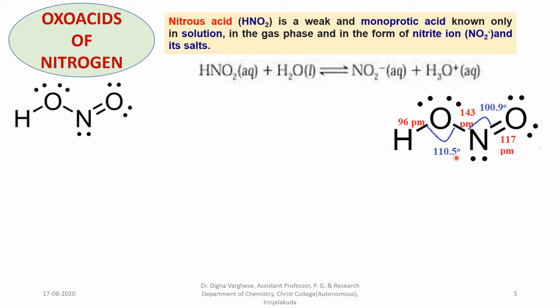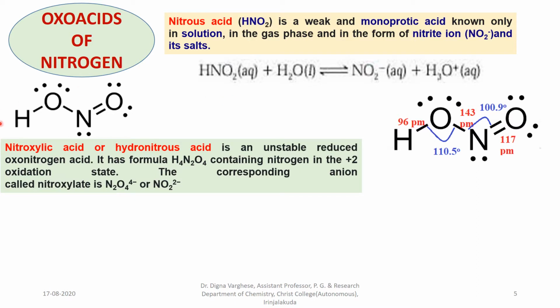So nitrous acid gives a series of nitrite salts, and it is unstable and disproportionates even on standing to nitric acid, nitric oxide and water. So it is a very unstable acid. It decomposes to nitric acid, water and nitric oxide.